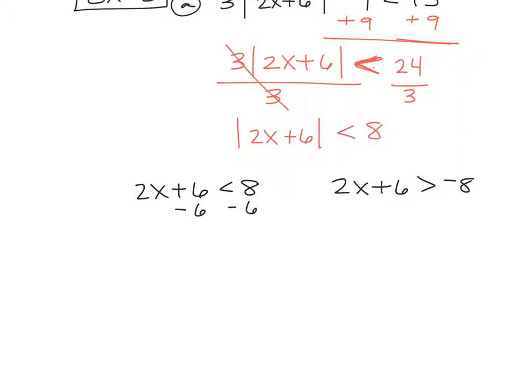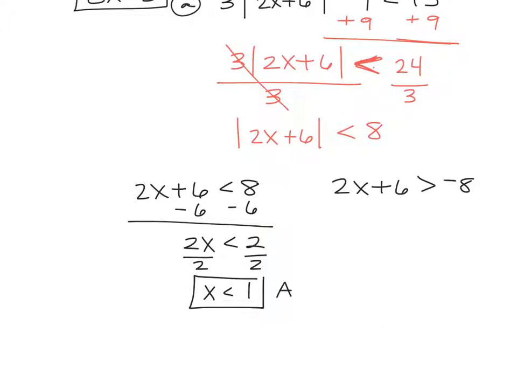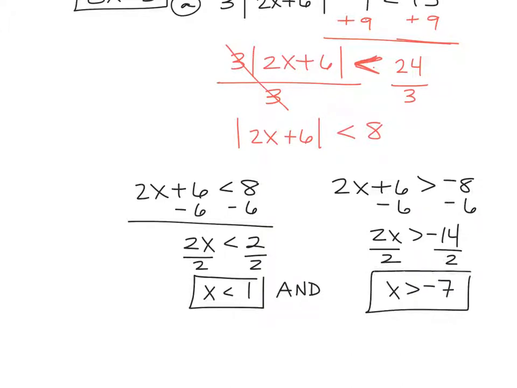Take away 6. So 2x is less than 2. And then divide by 2. So x is less than 1. Okay. And take away 6 on the other side. So 2x is greater than negative 14. And divide that by 2, so x is greater than negative 7.